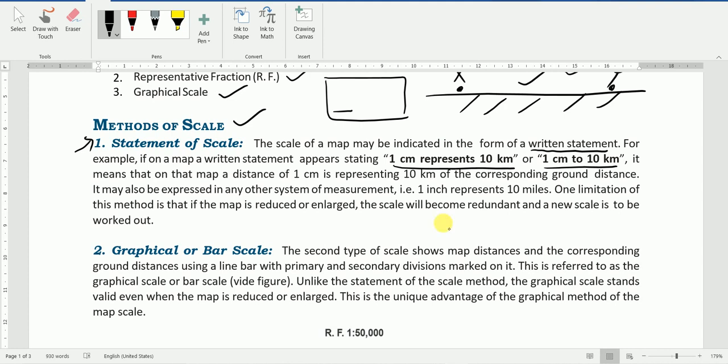So this statement of scale means that a map distance of 1 centimeter is representing 10 kilometer of corresponding ground distance.